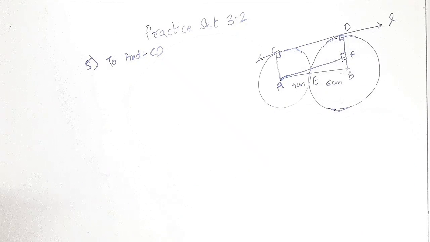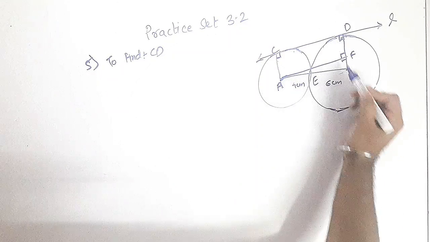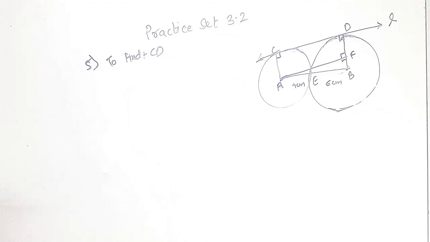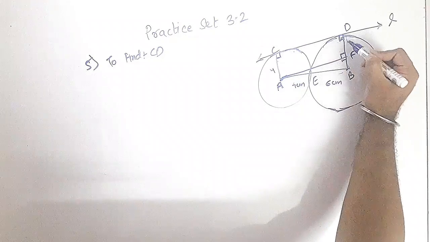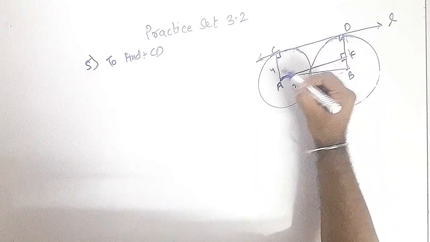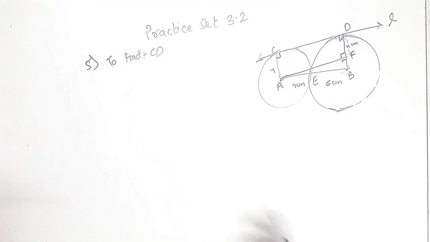If I get BF and BA, I can find AF by Pythagoras theorem. Let me explain how we'll find BF. Very easy. This is 4 centimeter. Because this is opposite side of rectangle, CA is 4, so this will also be 4. Correct? Are you getting now?